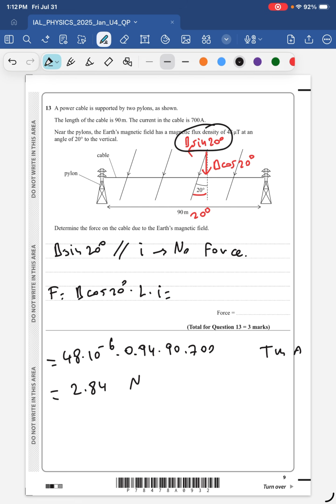How do we know that these units, teslas times meters times amps, work out to newtons? So we're going to use something of a circular argument, really. So F is B times I times L, right? So newtons is equal to teslas times amps times meters. Okay, so it's a circular argument, but it works, I think, in this case.